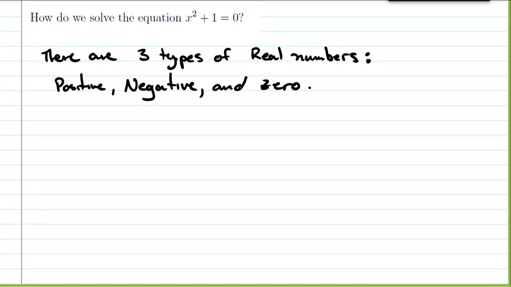So, one thing we notice is that if I have a positive number and I multiply it by itself, that's what it means to square. So a positive times a positive is going to be what kind of number? Well, positive.